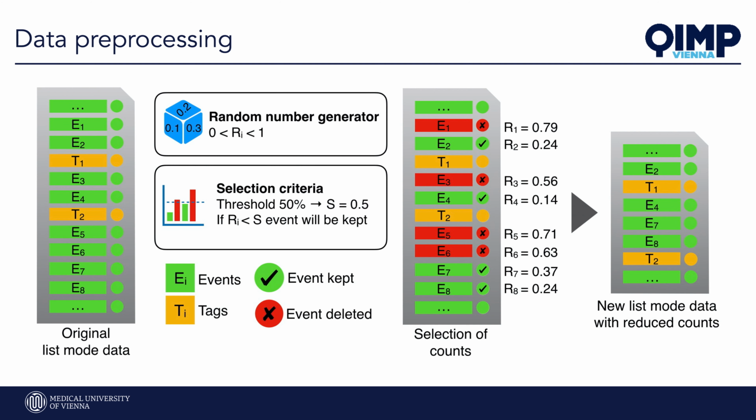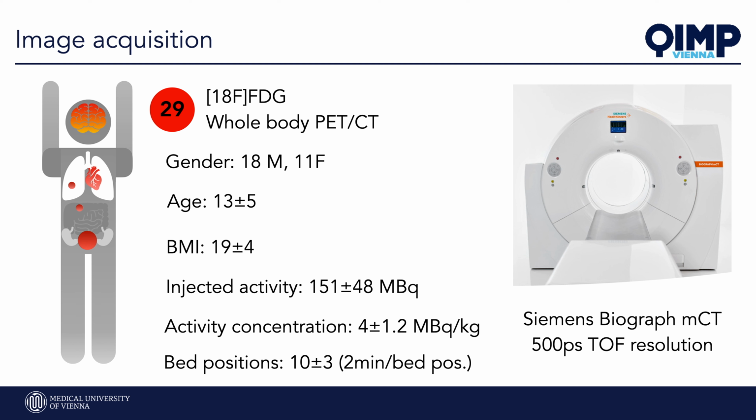which obviously would correspond to a reduced amount of injected activity. For this study, we've actually been looking at whole body PET-CT oncology cases for pediatric patients because we were also interested in the effect of time of flight. As we've shown before, the SNR gain using time of flight is more evident for larger patients.